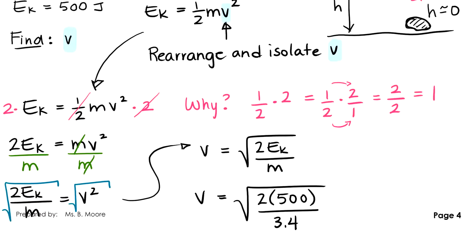On a calculator, you actually need to add a second set of brackets around the numerator so that it goes 2 times 500 and then takes that whole answer and divides it by 3.4. So on your calculator, you need an extra set of brackets here. Okay, calculate away, and you should get 17 meters per second.